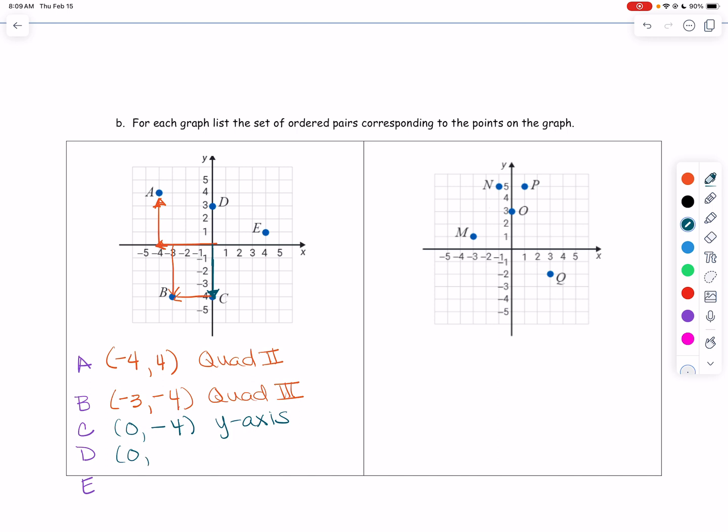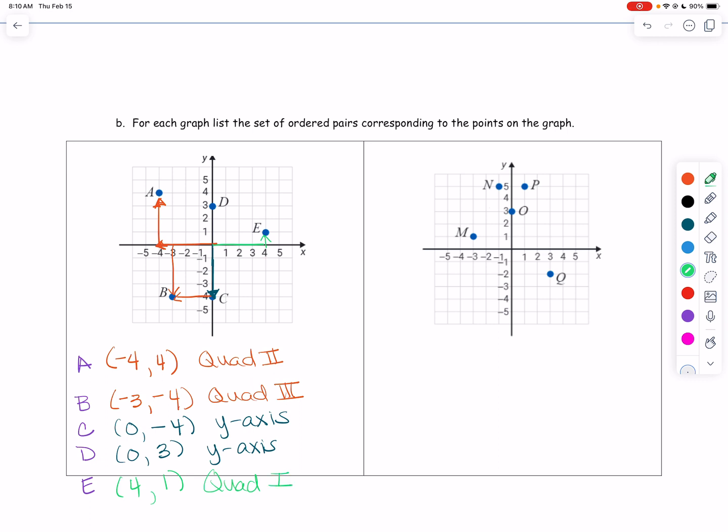It goes 0 on the x, but it goes 3 on the y. And then E goes 4 on the x and 1 on the y. And that is in quadrant 1.